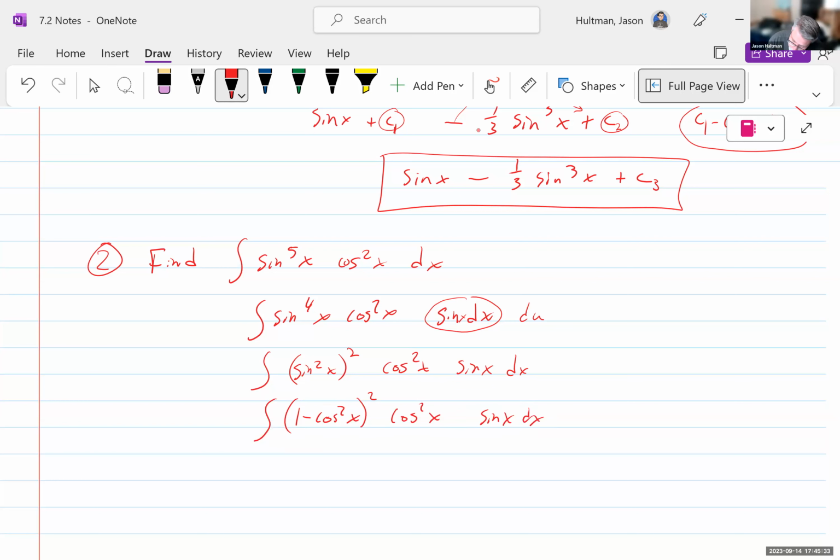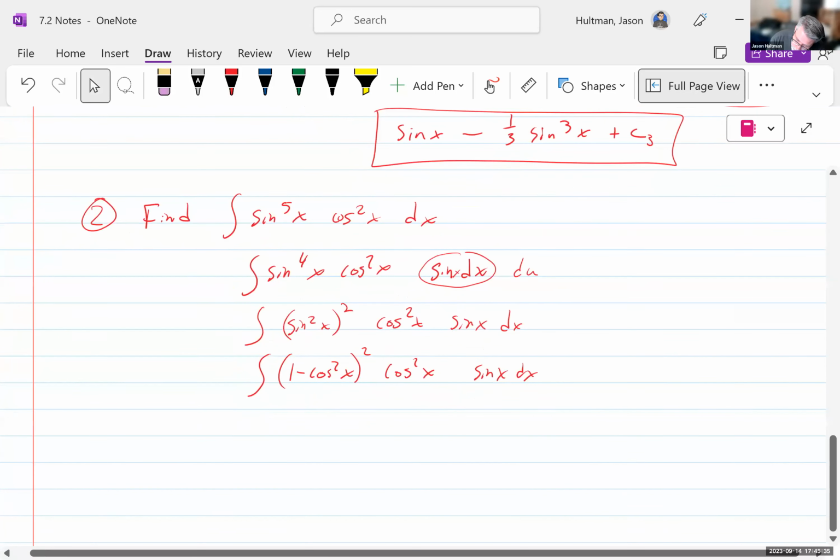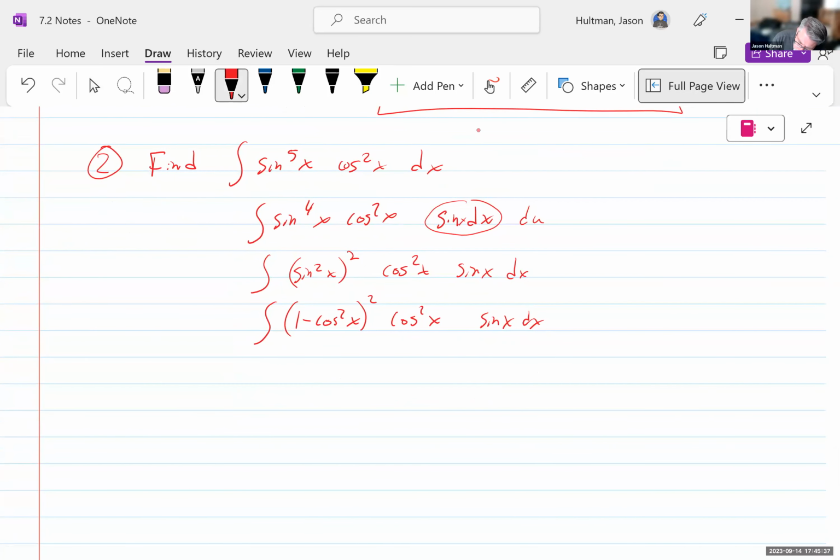Okay. So now I can multiply this out. This is going to become 1 squared minus 2 cosine squared x plus cosine to the 4th x, all of that times cosine squared x times sine x dx.